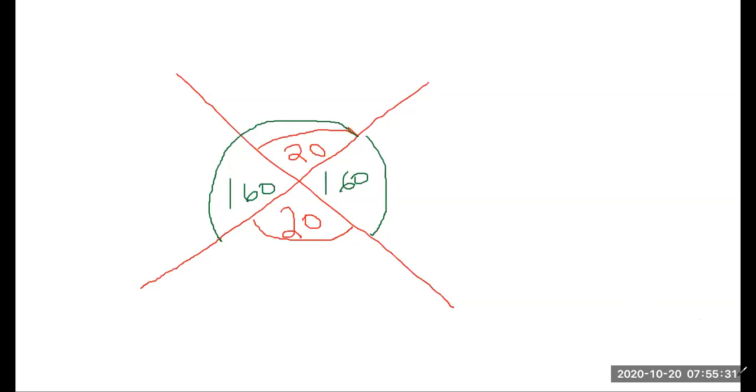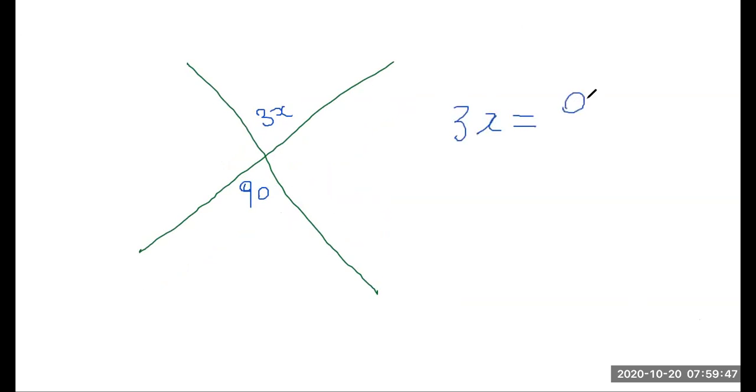So let's add in a little bit of some of the nice stuff. 3x, 90. If I was supposed to write an equation for this one, what would it be? They're equal to each other, so 3x is equal to 90.